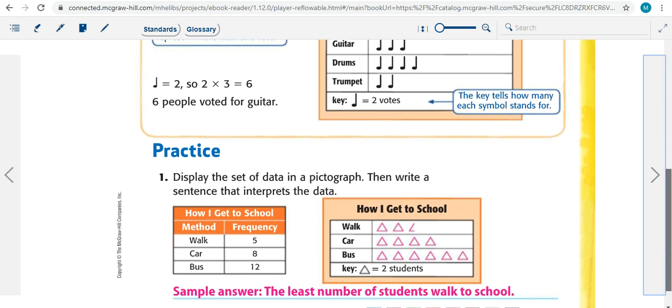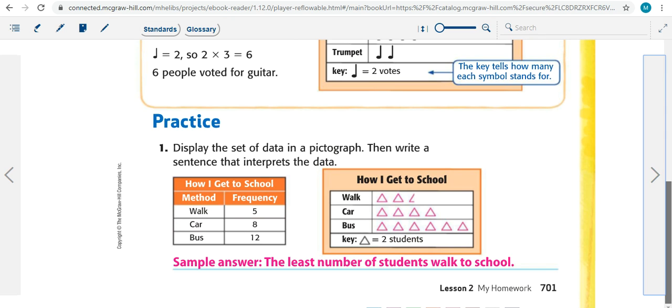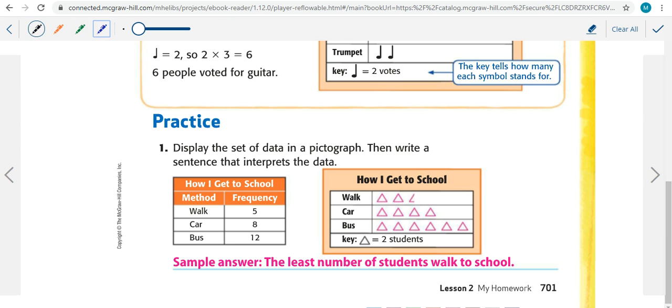So a pictograph is almost like a summary or a way to represent the picture graph, but making it less pictures. Number 1, display the set of data in the pictograph. Then write a sentence that interprets the data.